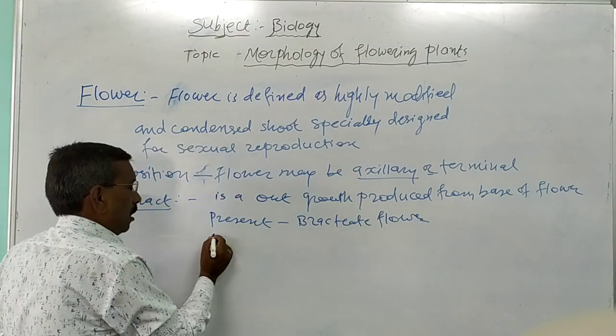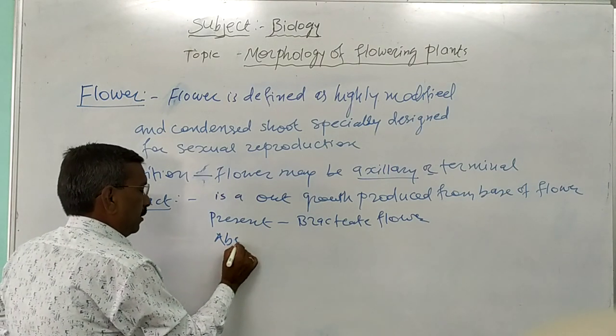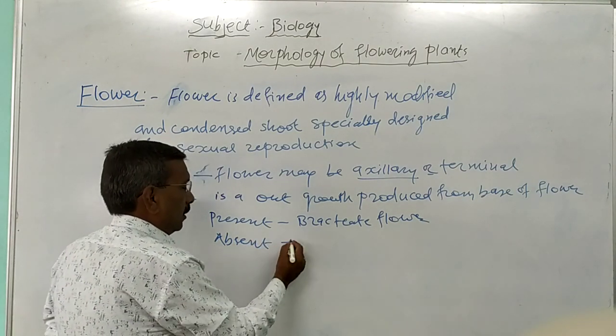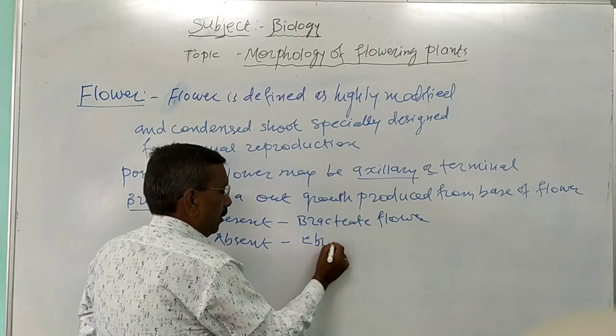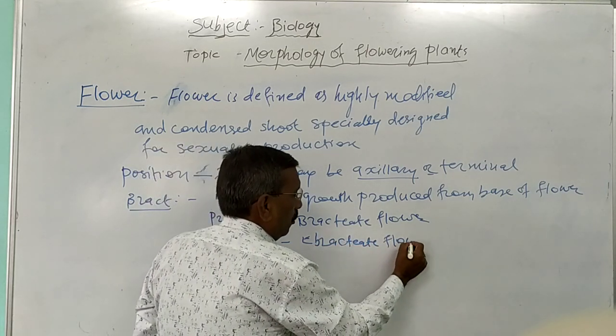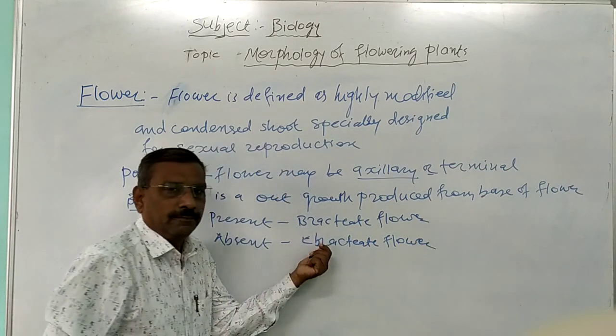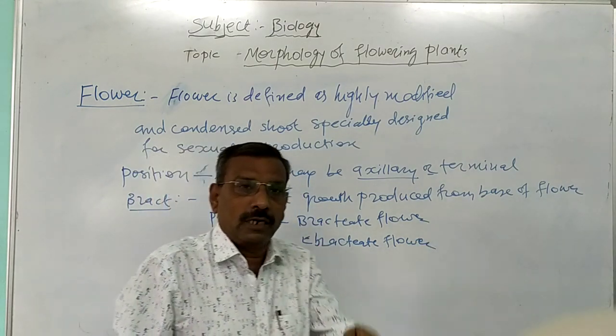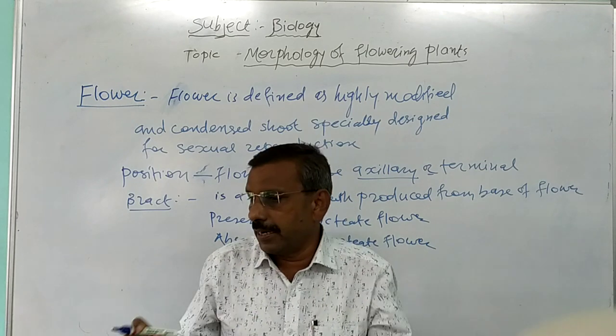Then the next one is when a bract is absent. When a bract is absent, that flower is known as an ebracteate flower. That is, a flower without bract is known as an ebracteate flower.